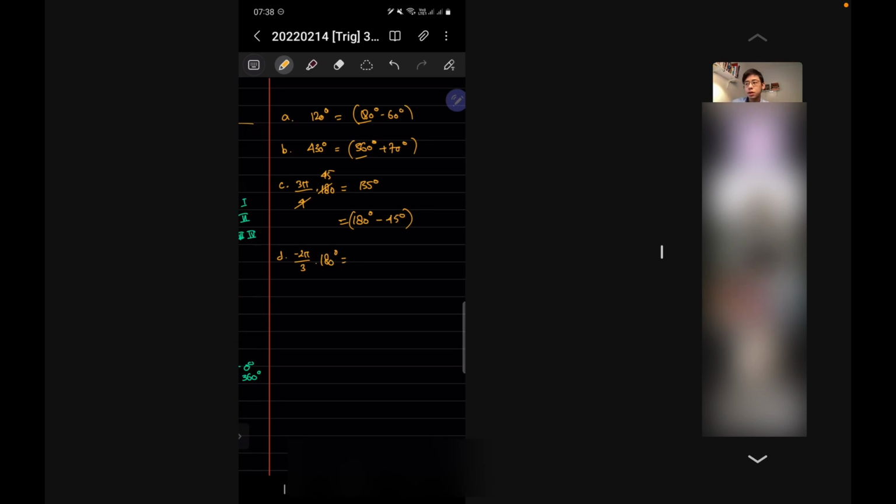Okay, so minus, it's clockwise. If it's plus, it's counterclockwise. But if it's minus, it's clockwise. So minus 2 times 60, so it's minus 120 degrees.